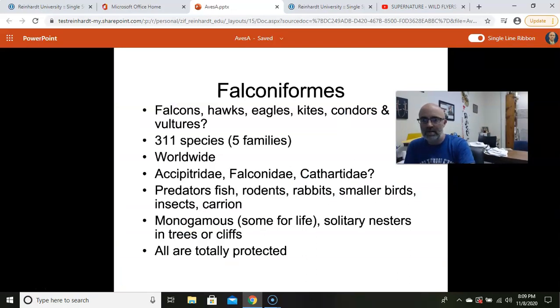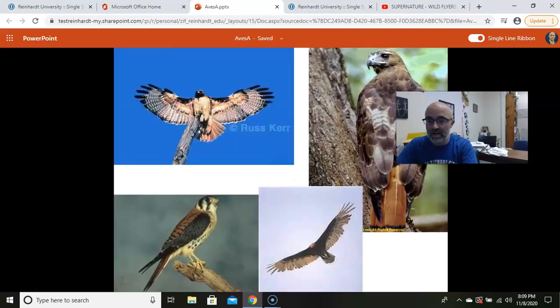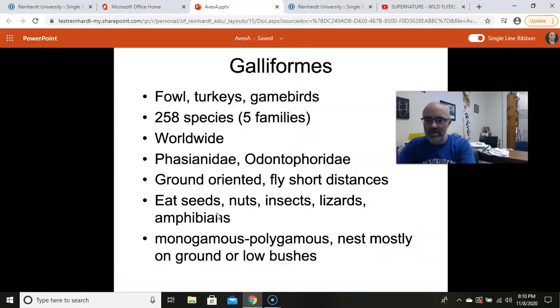Falconiformes. This includes the vultures, but also the hawks that you need to know. We've got red-tailed hawk, the turkey vulture, American kestrel. You can read through these. I'm not going to waste your time.